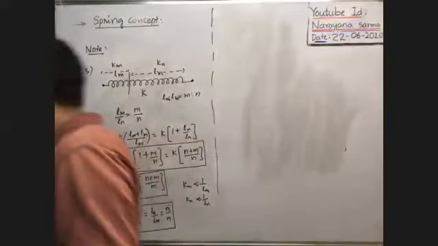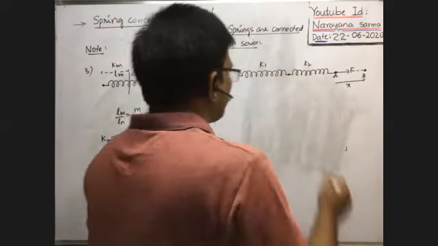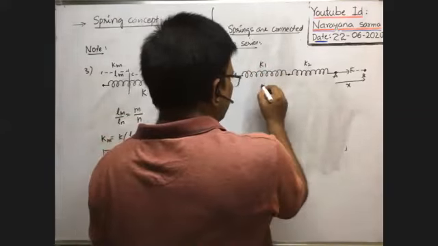If the total extension of the combination of the two springs is X, is the extension of each spring equal to X? No. Based on their spring constants, different extensions take place in the two springs. Suppose the extension of this spring is X1, and the extension of this spring is X2. Then total extension is equal to X1 plus X2.